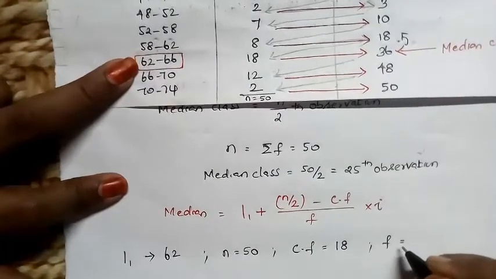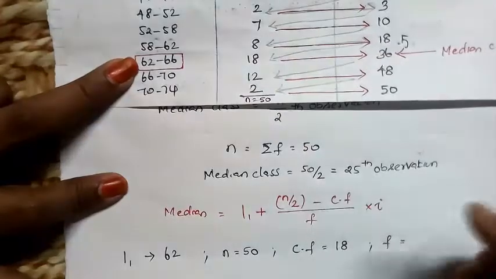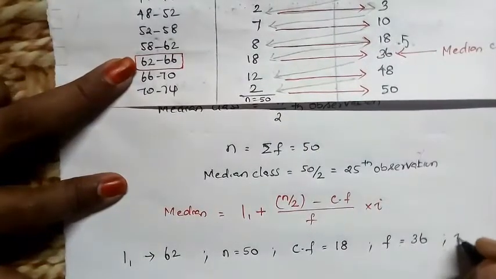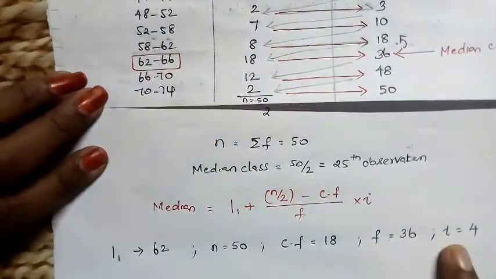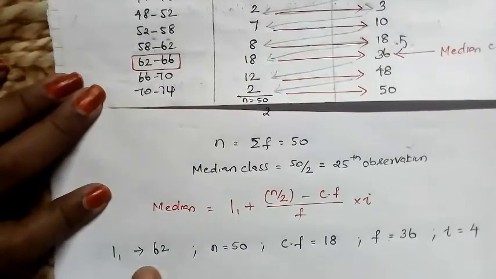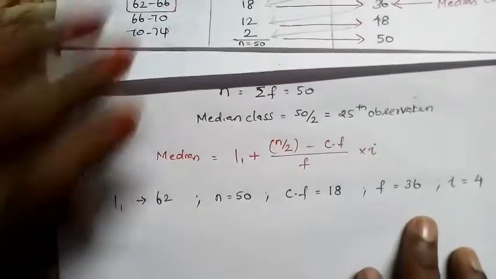F is the frequency of the median class. So this is the median class and its frequency is 36. And at last, i, the class interval. The class interval of these classes is 4. Hence the i value is 4. We got all the values. Let us substitute this in the formula to get the median of this grouped data.